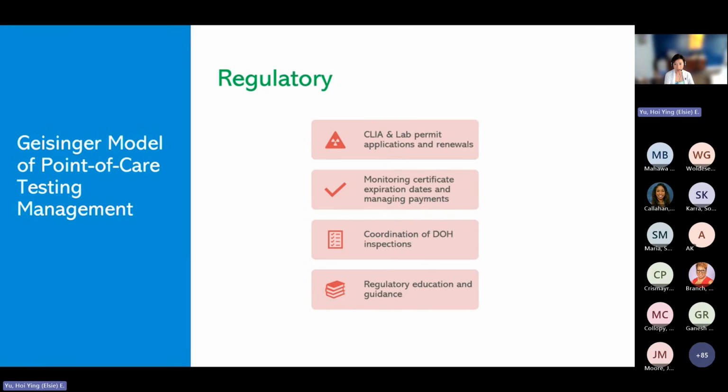That's one of the things that my point of care testing team does, so that we can make sure the license application is correct as well as not expired. Because of all the testing locations, we also coordinate with DOH to make sure the inspections are done. And of course, we help our providers understand the regulations so that we can be compliant.